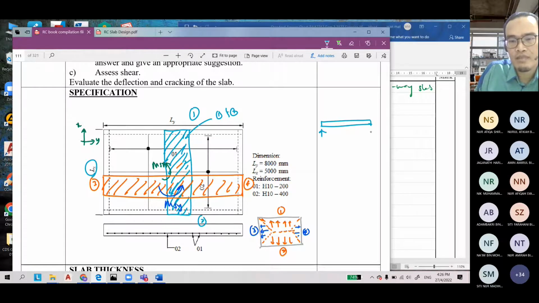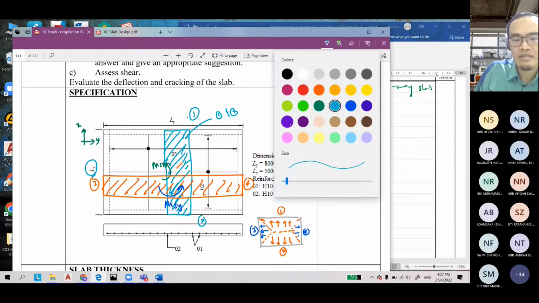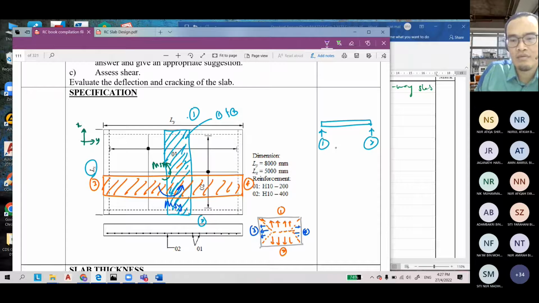This is the support, beam number 1, and this is beam number 2. The loading, and this is the support, and this is the length. The length is Lx. This is why we need the moment. The bending moment here is M SX.